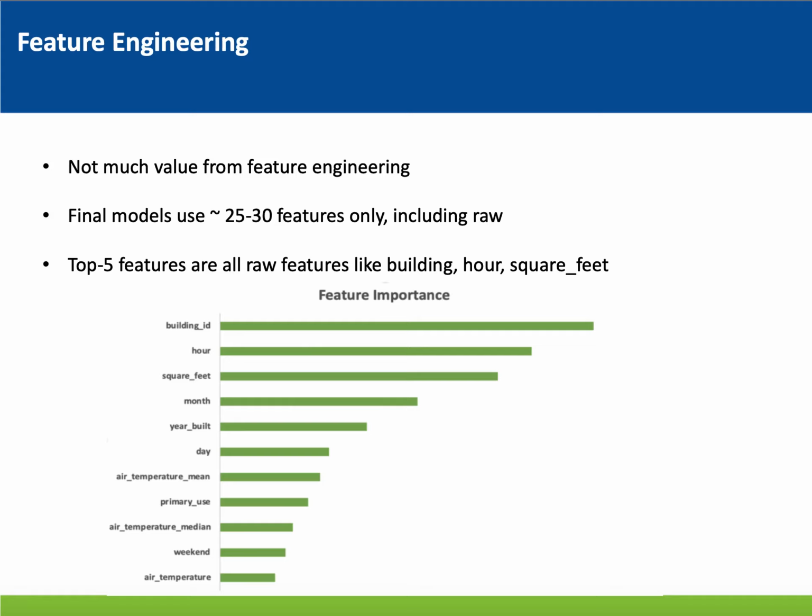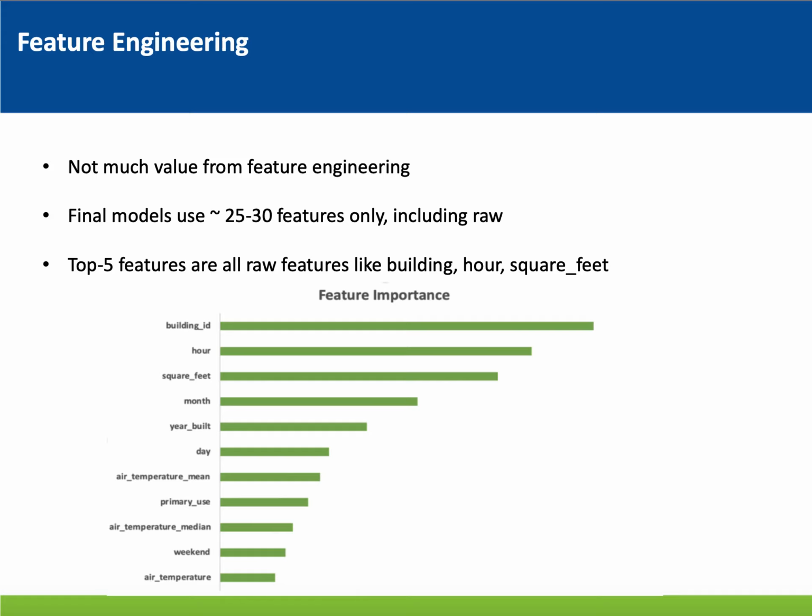The feature engineering aspect of our solution is not very extensive. What we found was it did not add significant value and performance to our solution. Our final models used only about 25 to 30 features, and a majority of them were just the raw variables that were available from the dataset.